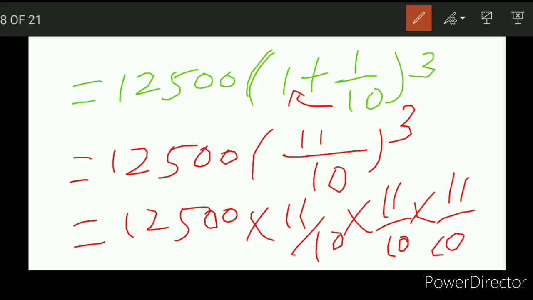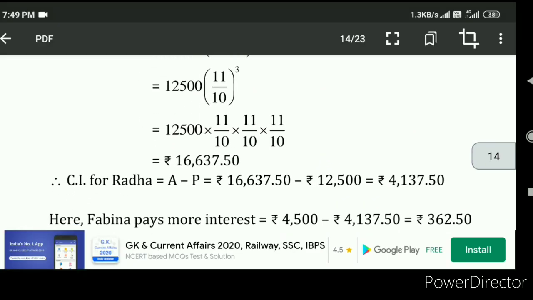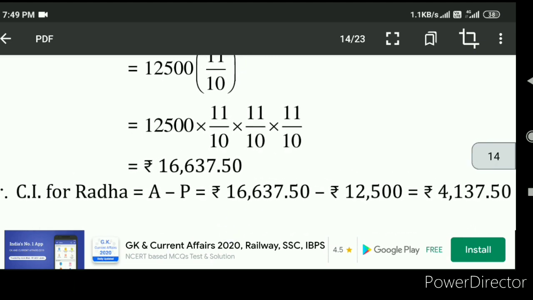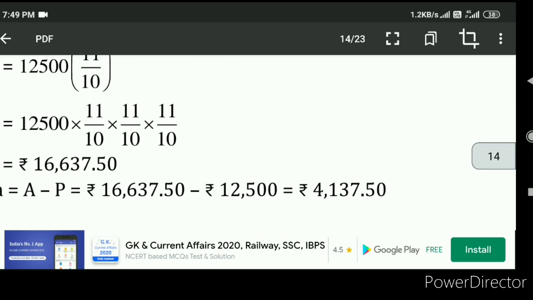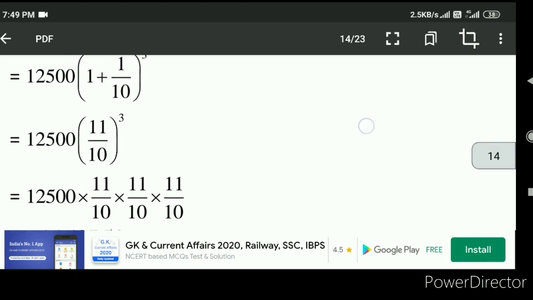We'll get the amount 16,637.50. Then find the compound interest. From the amount subtract the principal, you will get the compound interest: 4,137.5. This is Radha's interest.